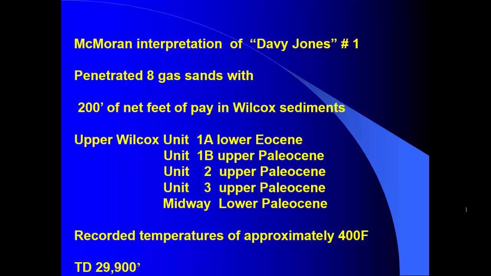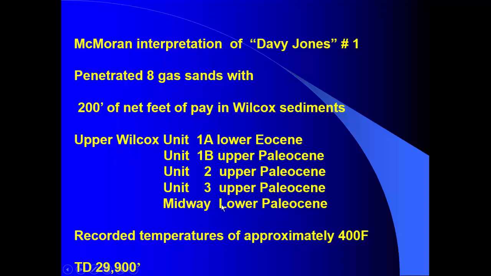Now Macarand came along in one of their internet places, and they made an interpretation of the Davy Jones for us. They felt they penetrated 8 gas sands with 200 net feet of pay in Wilcox sediments, and that includes the 1A, which is the Eocene portion of the Wilcox, and then 1B, number 2.